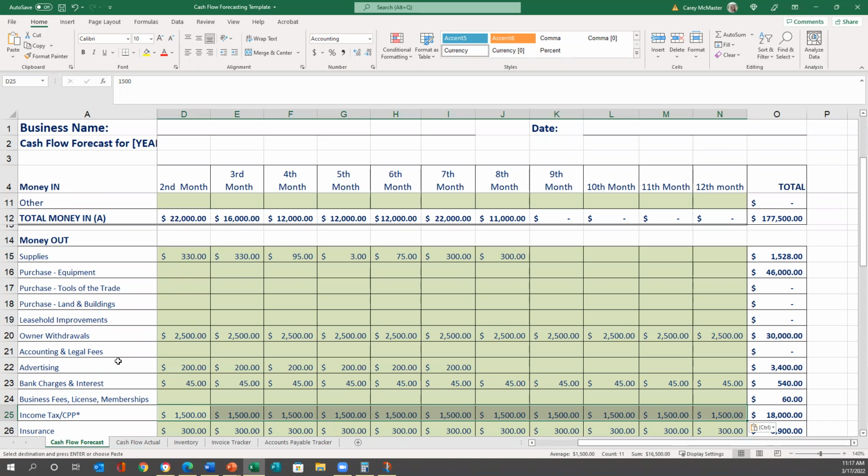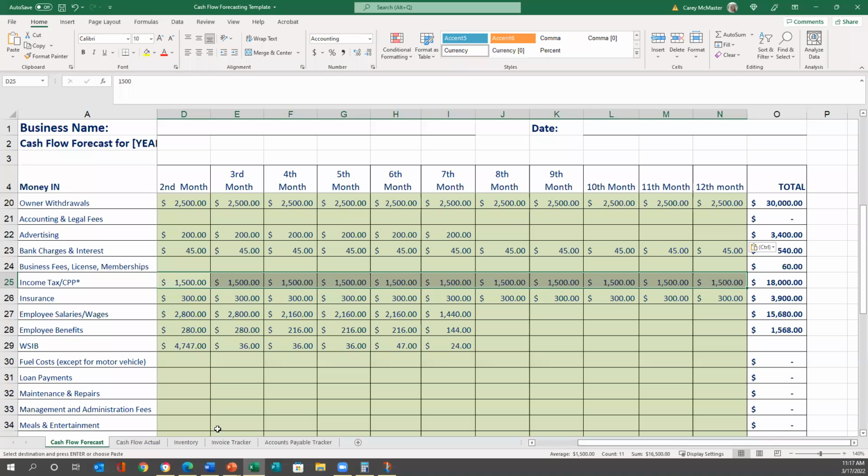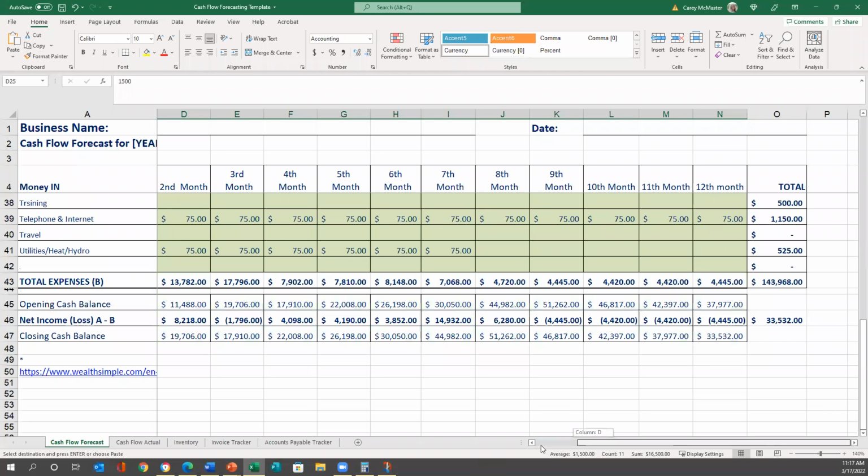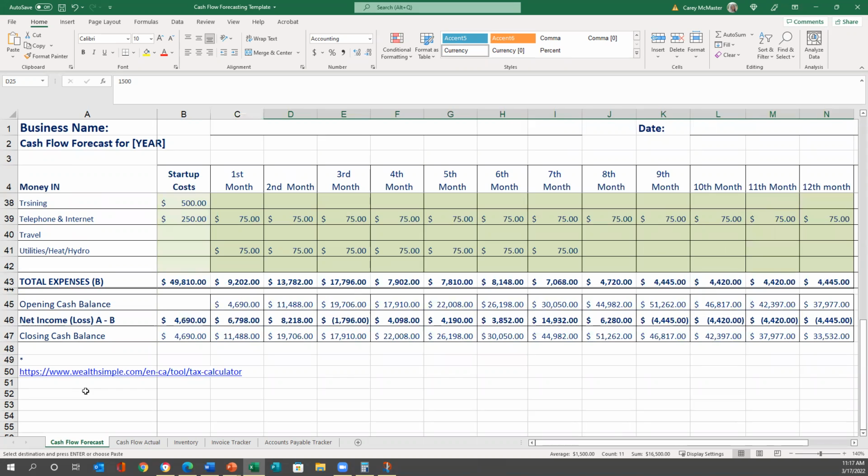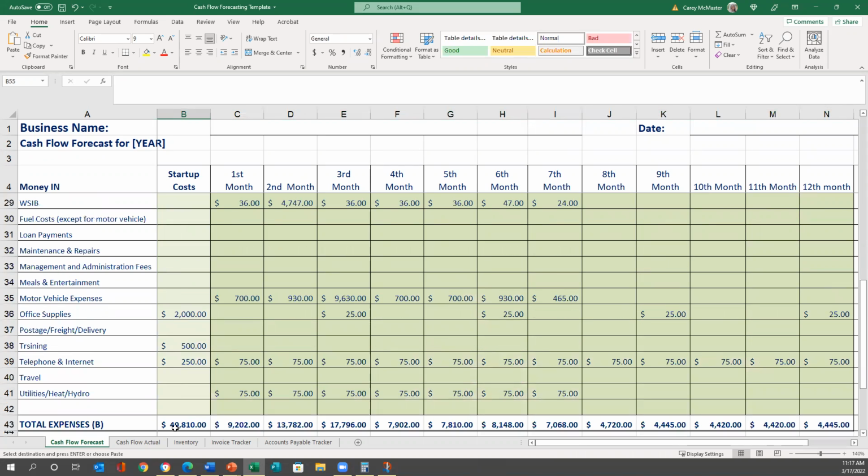So we've put our income tax and CPP in, but we haven't put our loan payments in. We know that we're looking for a loan for $45,000, but we still need to make those loan payments. So based on talking to the organization that I'm going to be getting a loan from, and I negotiated that I'd like to pay it back over 2 years because I anticipate the sales will be good and that I'll be able to do that.